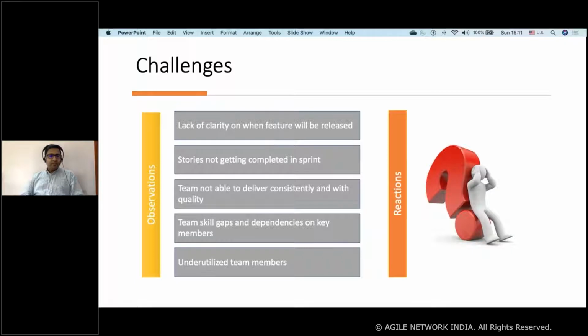So when these kinds of patterns or behaviors come out, it creates confusion. That's the point where most organizations or leaders need to think: are we going in the right direction?